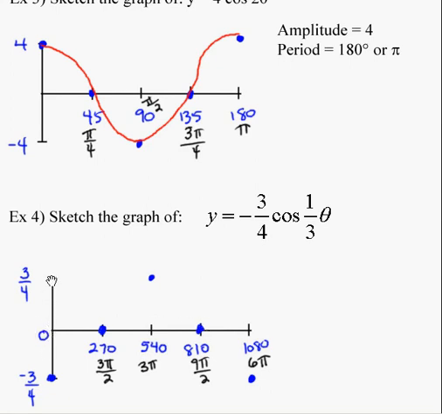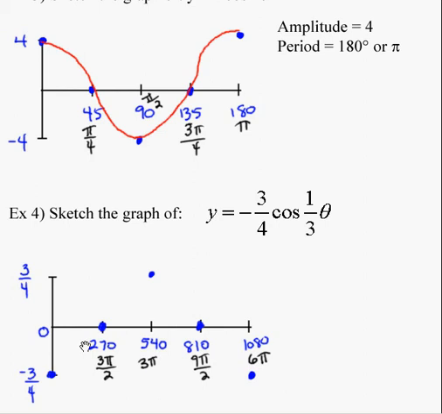Cosine starts out normally at a maximum, but since this is negative, it reflects across the x-axis and starts at a minimum. And a fourth of the way through, it's 0. Halfway through, instead of its minimum, it's a maximum because we're reflecting it due to this negative sign. And then 3/4 of the way through, it's 0.